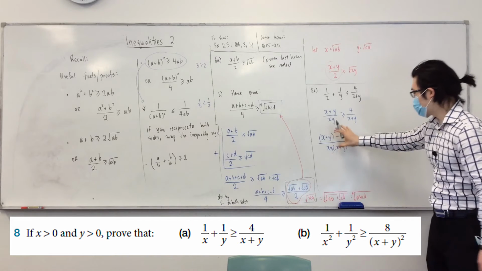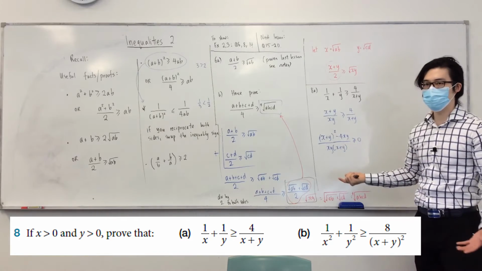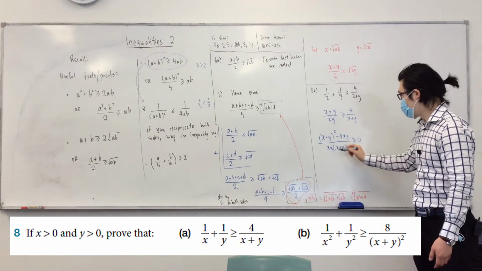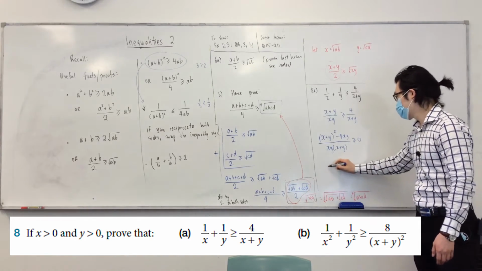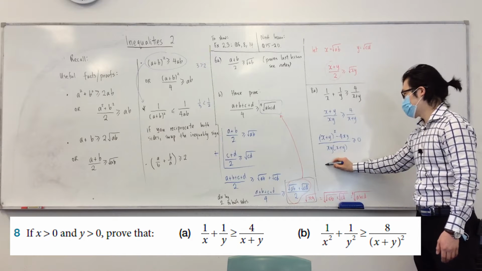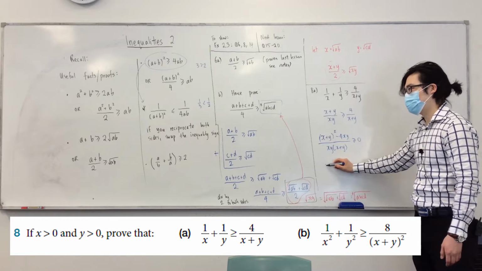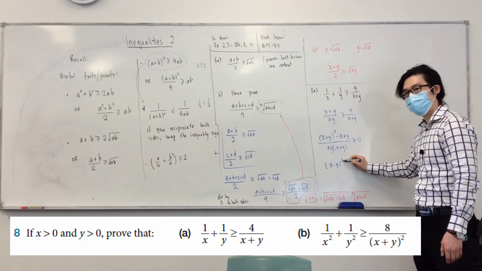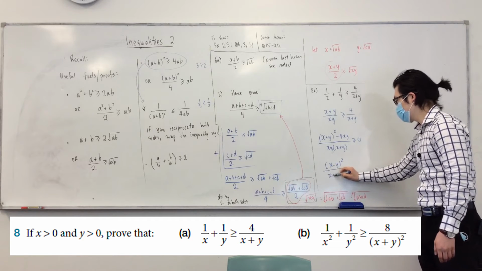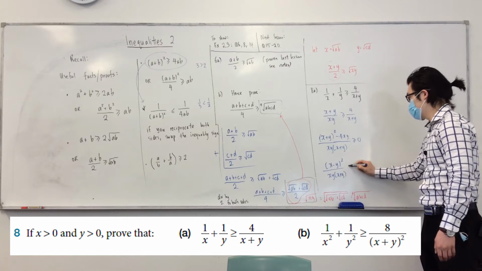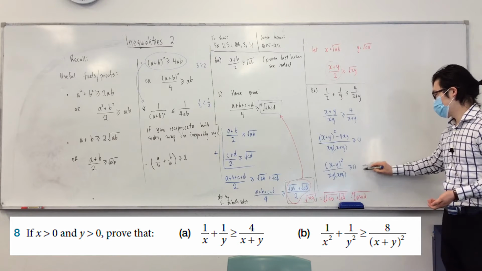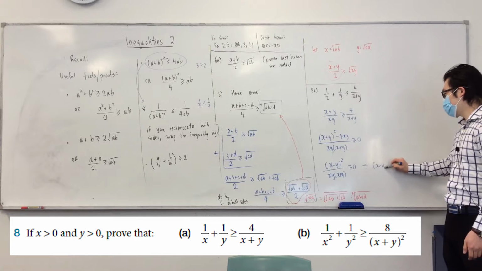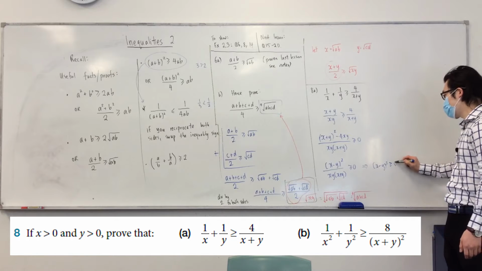So we try to prove this is greater than or equal to 0. If you simplify the top, that's going to be x squared minus 2xy plus y squared, which is a square. So if I multiply to the other side, it really just leaves me with this, and then this is true.